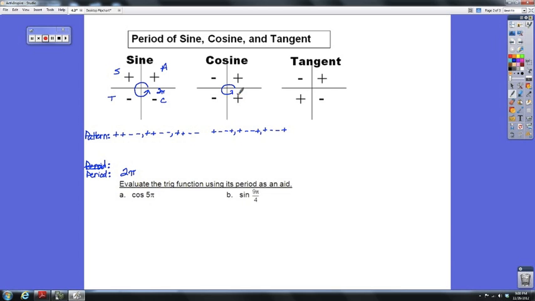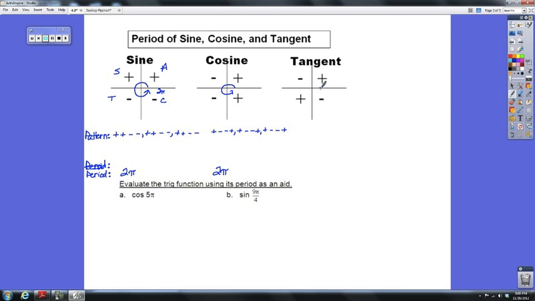Again, for this one, it looks like I have to go all the way around the circle for this pattern to repeat itself. So the period for the cosine graph would again be 2 pi, because you have to go all the way around the circle.